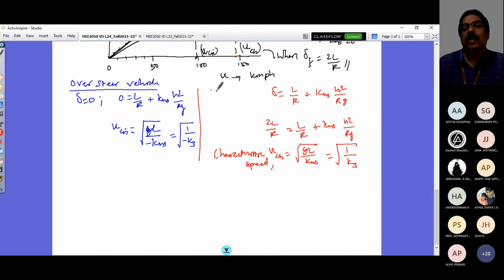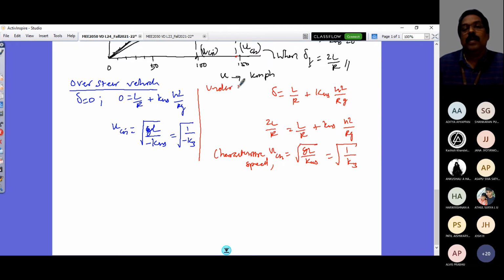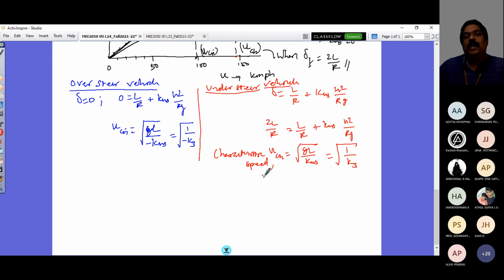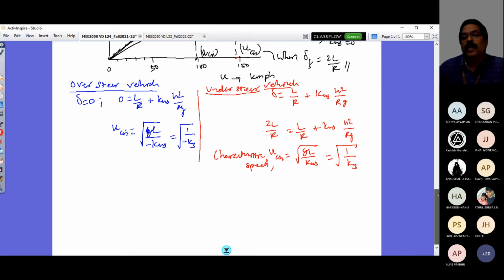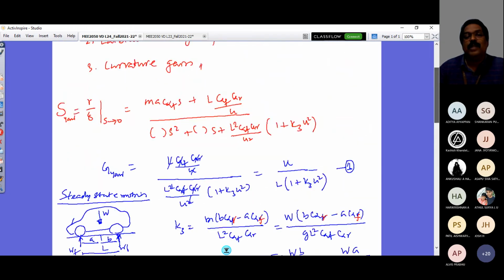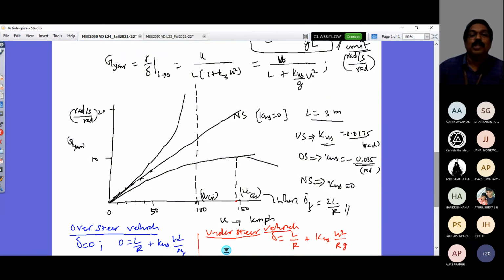Oversteered tendency vehicle. This would be understeered tendency vehicle, or understeer vehicle, right? So what are you saying? What does that imply? So if your vehicle here is an oversteered vehicle, the tendency of an oversteered vehicle is that the vehicle is very sensitive to the steering response.